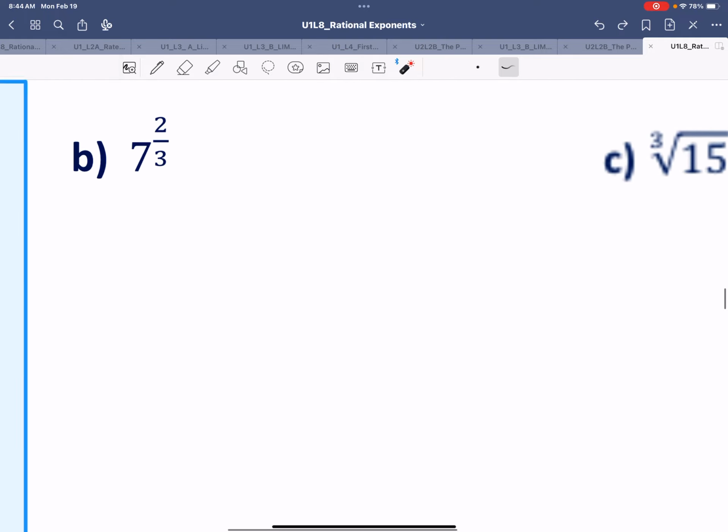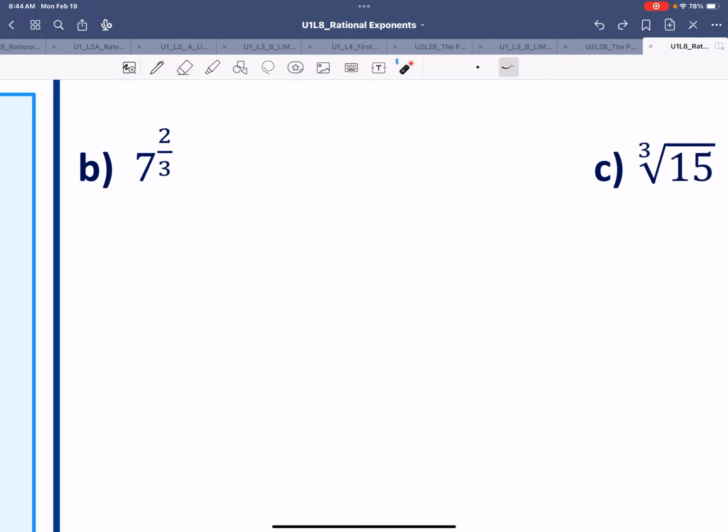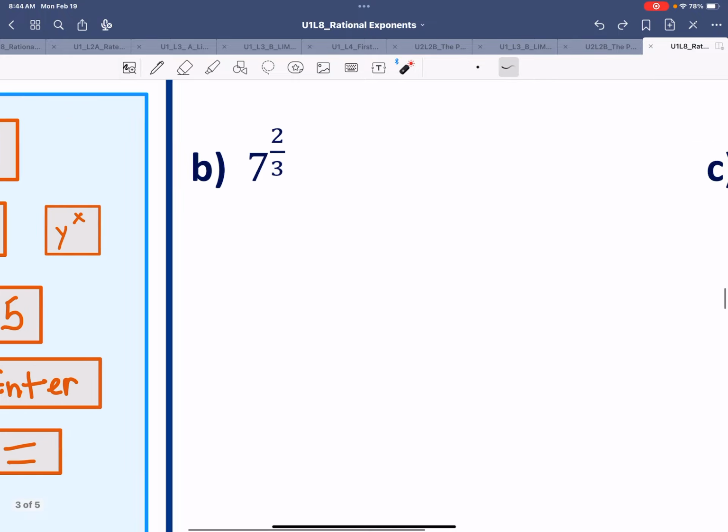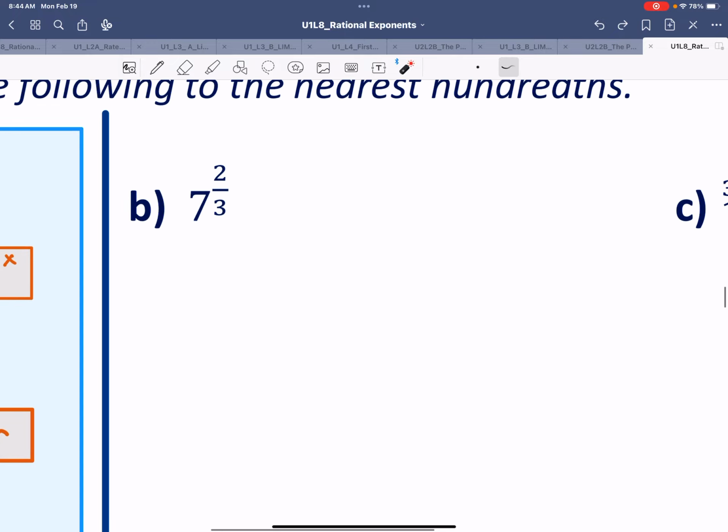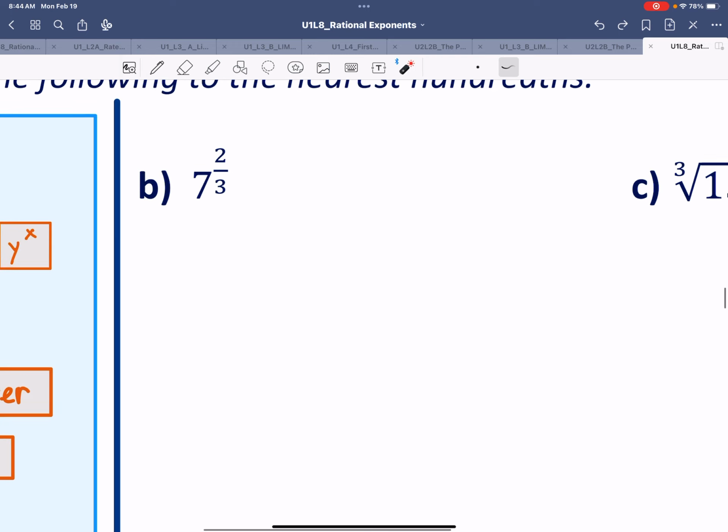Let's move on to our next example. This time we have 7 to the power of 2 over 3. While the previous example had the power as a regular number, so to speak, here we have an exponent in rational form. And this is where the story will change a little bit in how we calculate it.